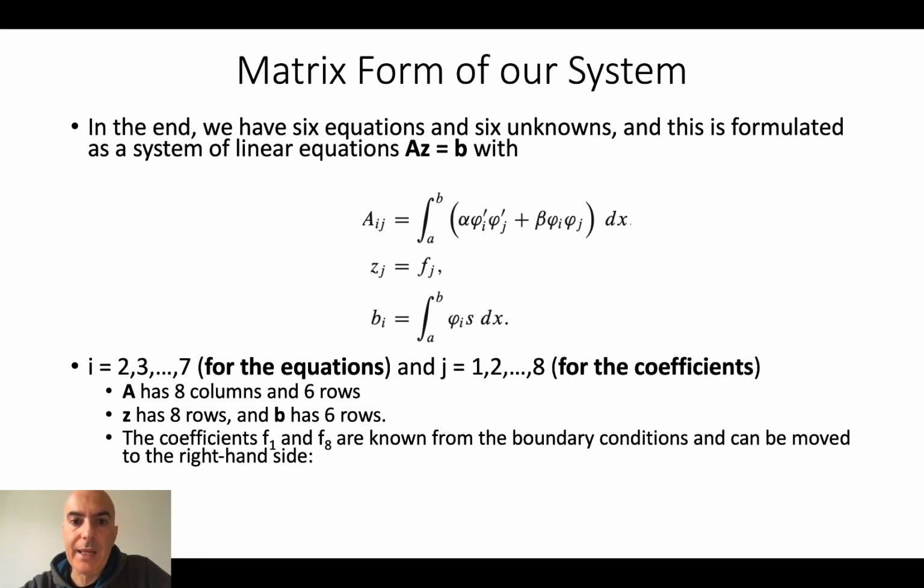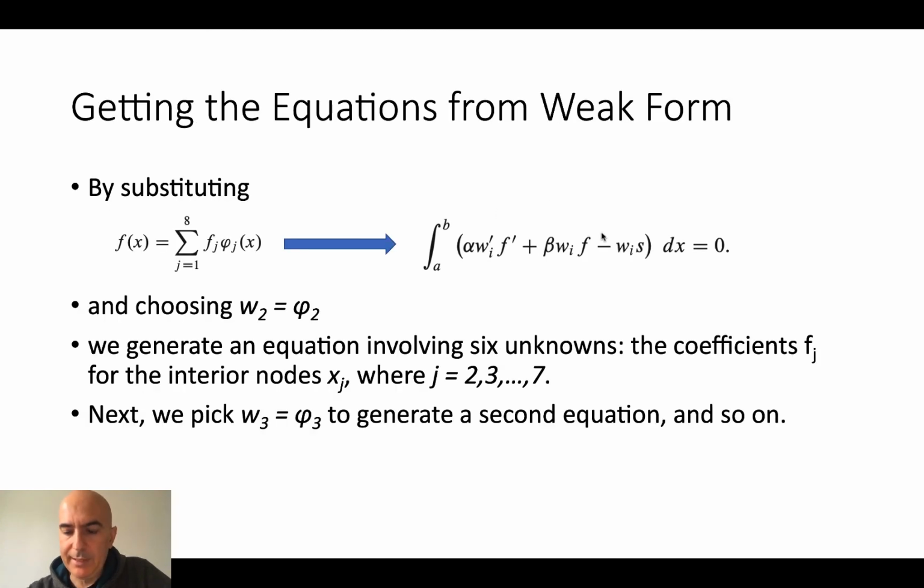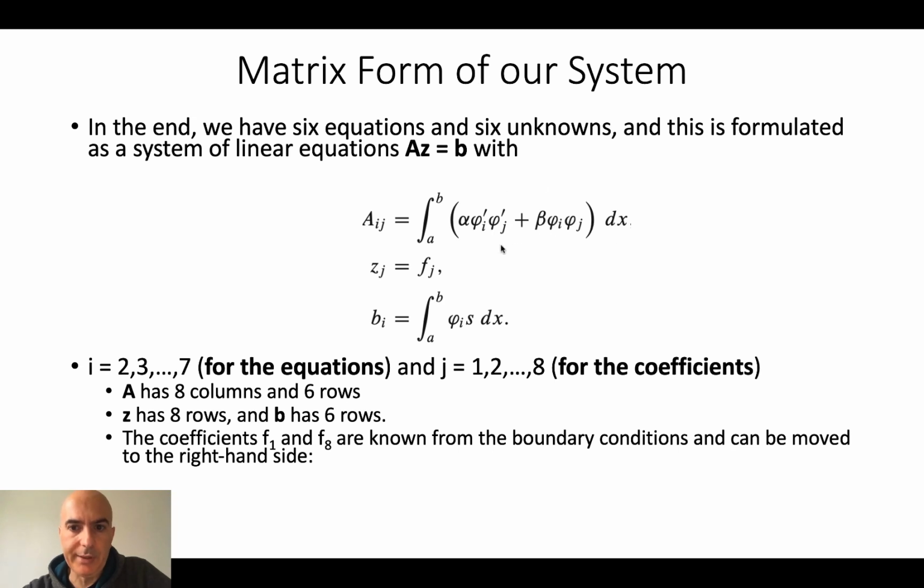For instance, A z equal to b, where z is our unknown fj, and Aij are the terms coming from our integral. So you see, our integral from the previous slide becomes this integral on this slide. Each element of our matrix will be defined by the calculation of this integral.